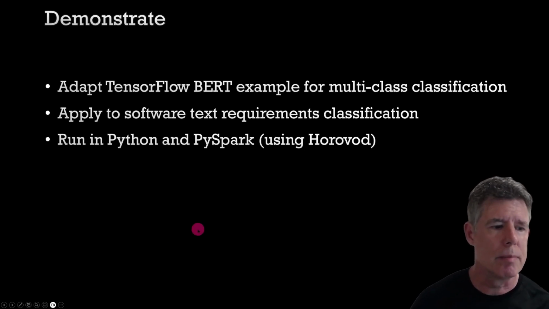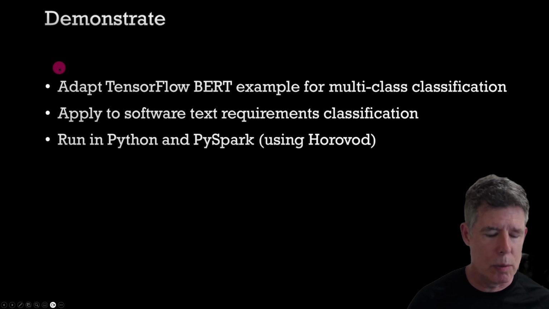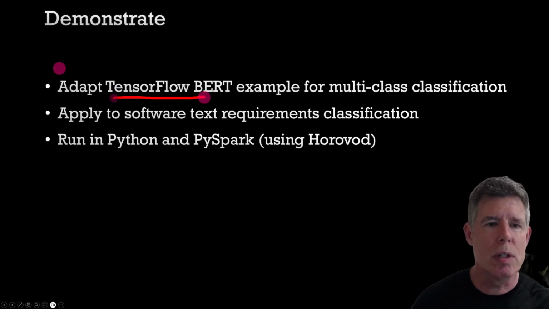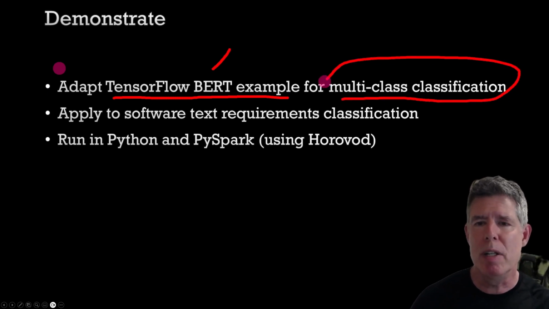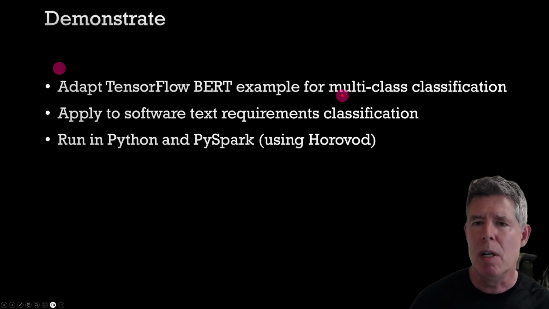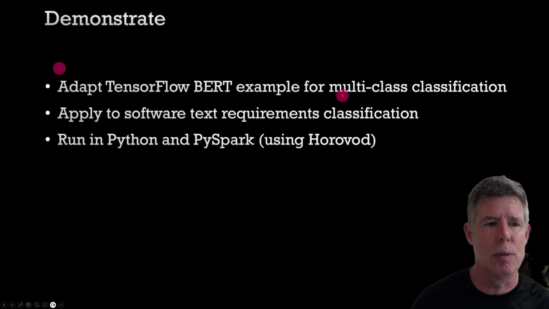Okay, so we're done. So what did we do? We took the TensorFlow example about using BERT for binary classification. We adapted it for multi-class classification. We compared it with an existing project that did classify requirements text, and it seemed to perform as well. And I think if you compare the code, it's a little bit smaller, simpler, and easy to read.